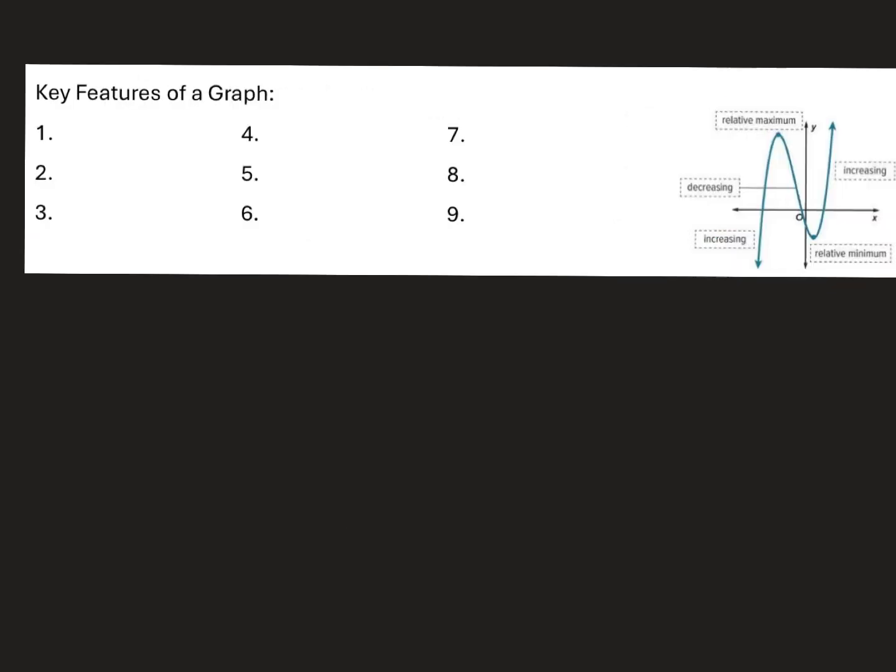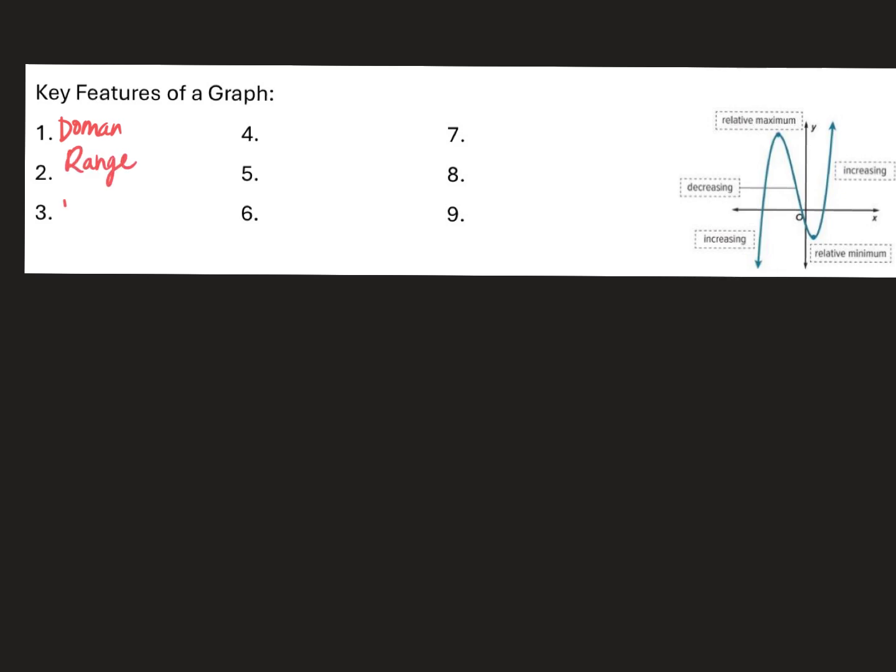Key features of a graph. There are several things that your textbook mentions that are key features of a graph, and I'm going to list those here. Key features of a graph are its domain. So that's number one, the domain. The range is also a key feature of the graph.